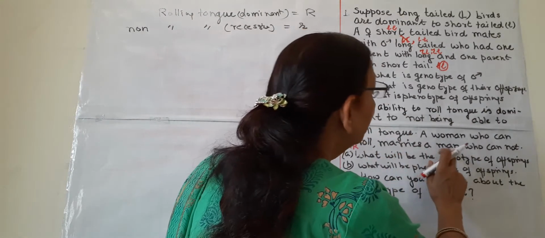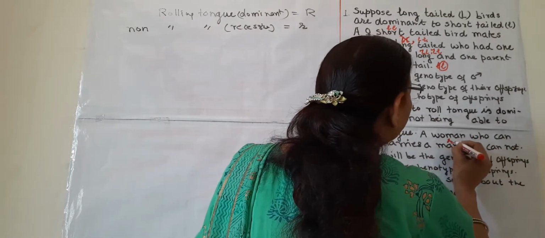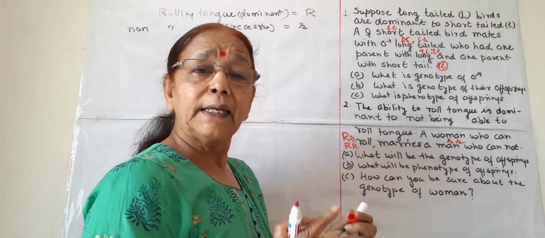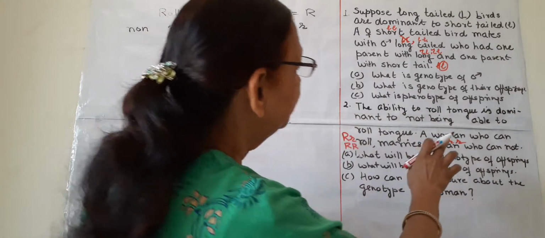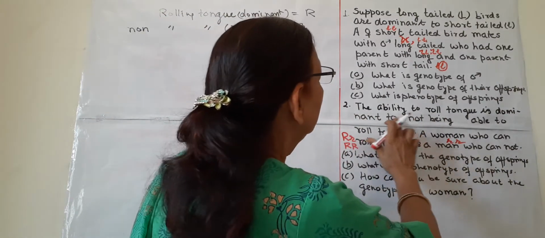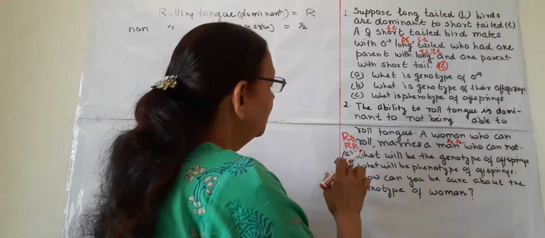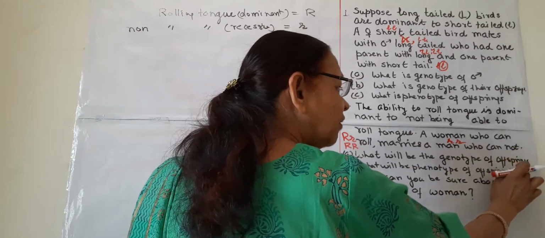She marries a man who cannot roll. So this man's genotype will be small rr because he cannot roll and not rolling is recessive. Here it is written: roll tongue is dominant and not rolling is recessive. So we have to find out what will be the genotype of offsprings.